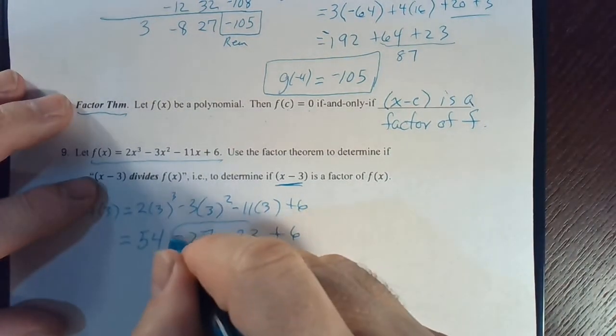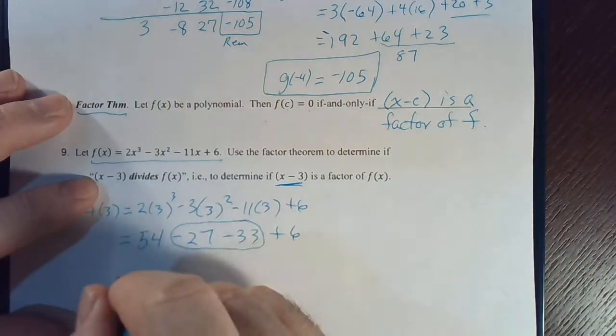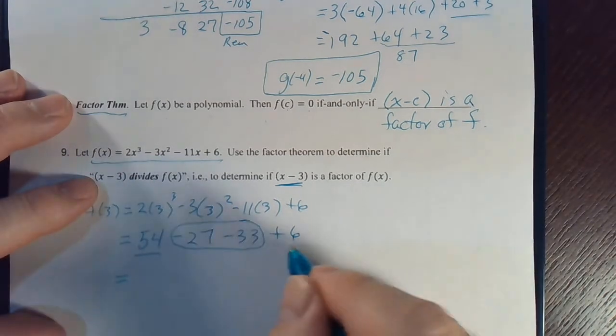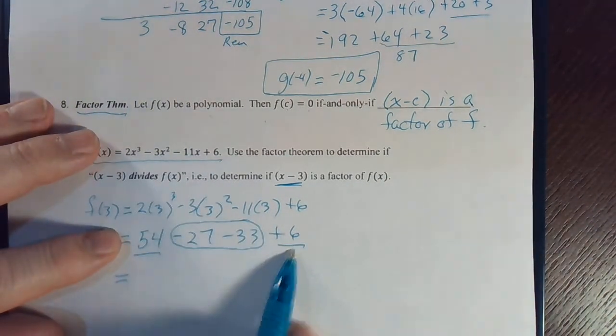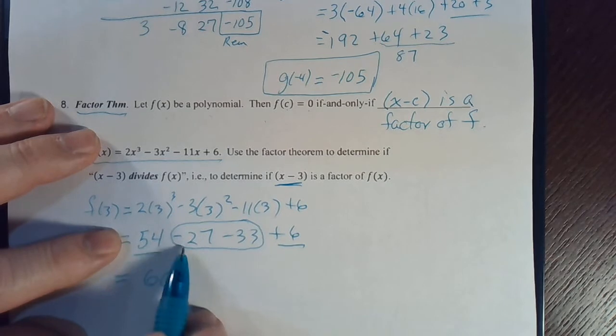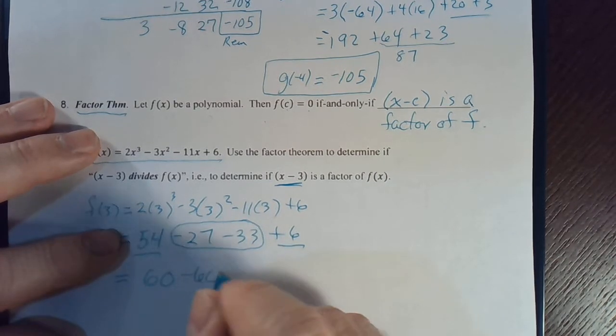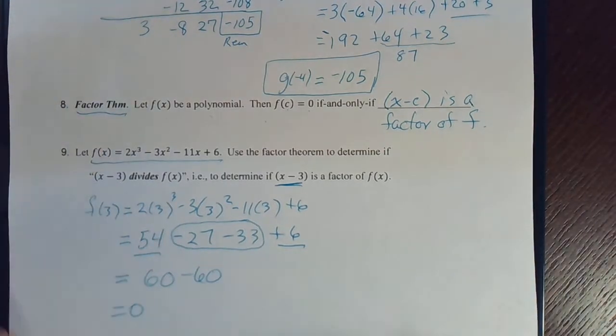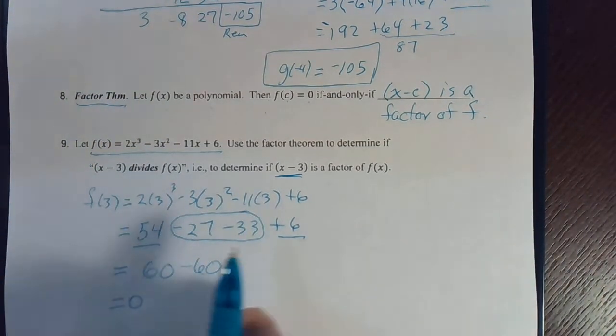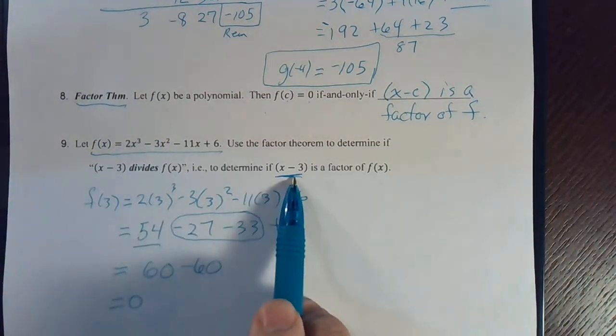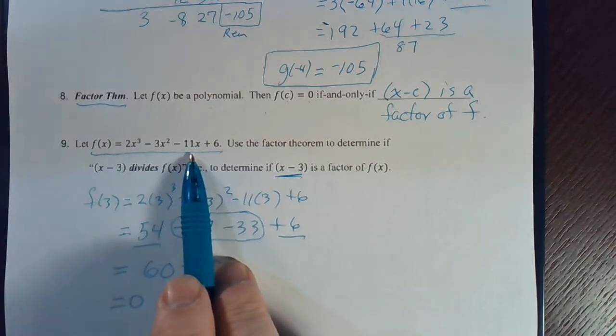So I like to add the positives and negatives together. The positives are 54 and 6, so that gives us 60. And the negatives add up to negative 60. So that means, based upon this, we know that x minus 3 is a factor.